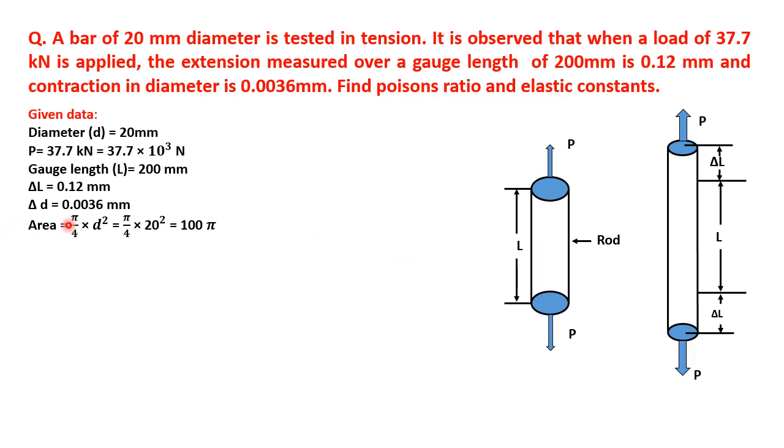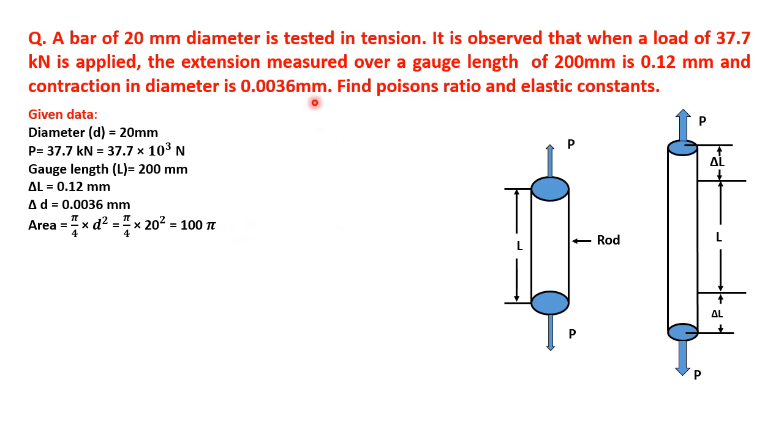The area of the circular cross-section of this rod can be determined by the formula pi by 4 into d square. d is already given in the question, that is 20 mm. When we apply 20 mm here, we get the value 100 pi.